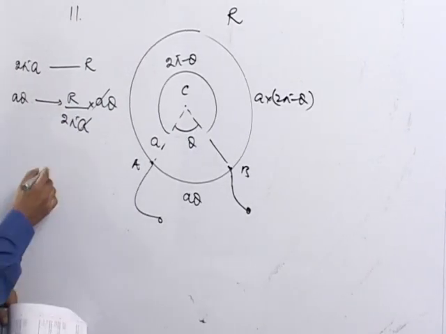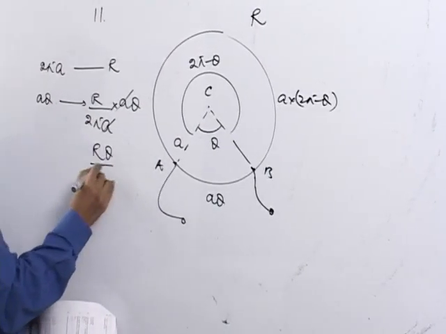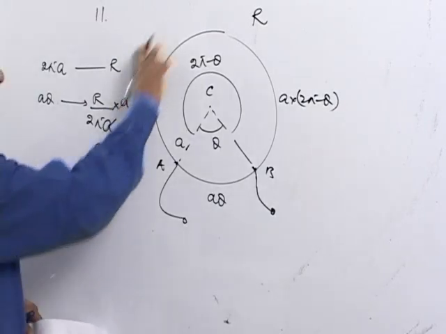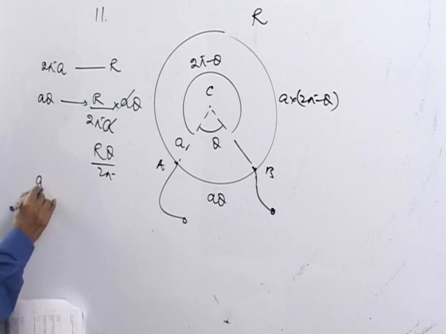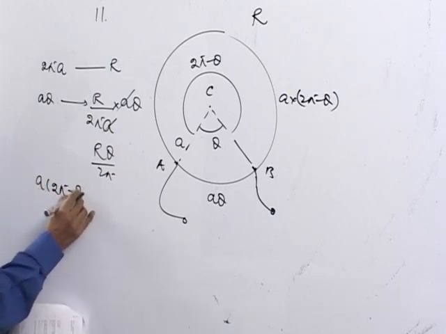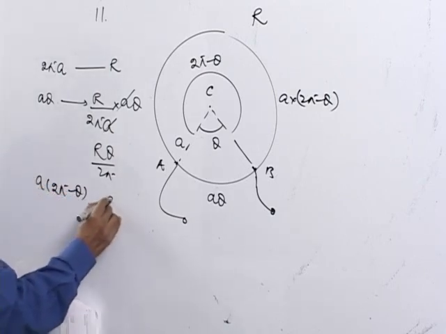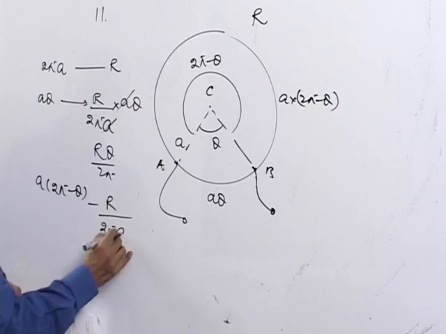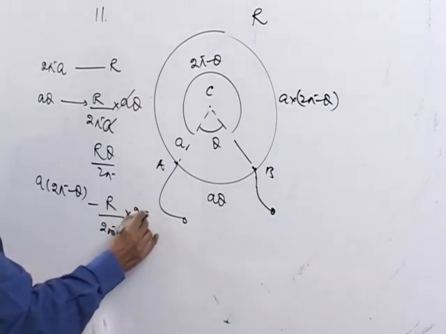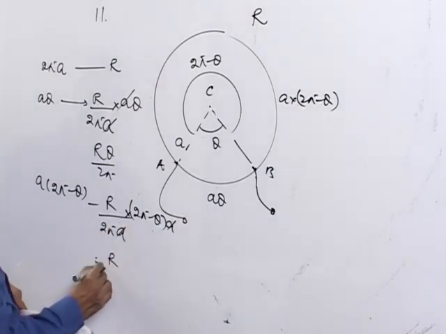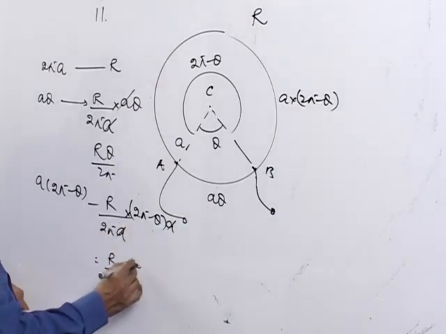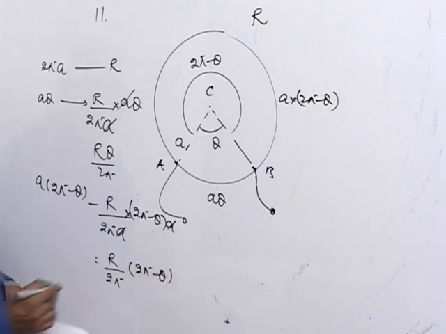A is cancelled and this becomes R theta upon 2 pi. Similarly, for the upper part, the length is A times 2 pi minus theta, so the resistance will become R divided by 2 pi A, times A times 2 pi minus theta. A is cancelled. It is R upon 2 pi into 2 pi minus theta.